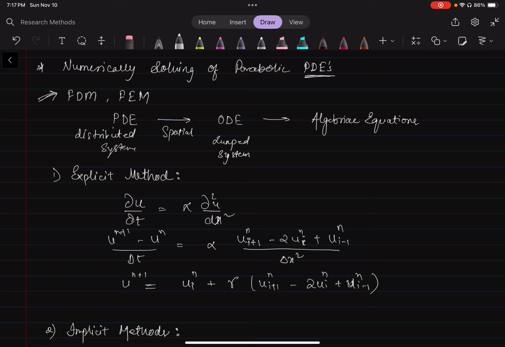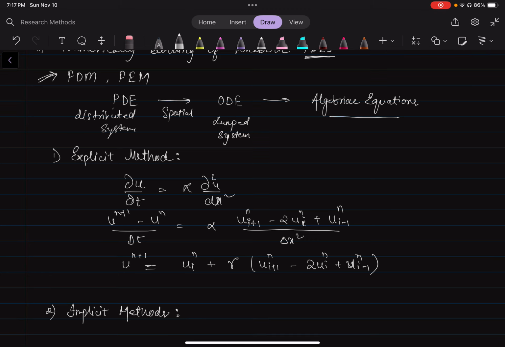Eventually both models are simplified, using a numerical method, such that they turn into algebraic equations, and then we solve these algebraic equations using linear algebra and other techniques.